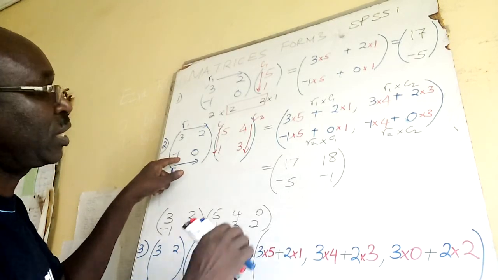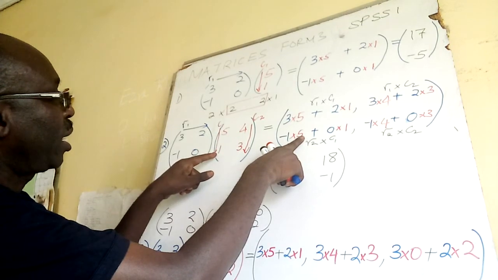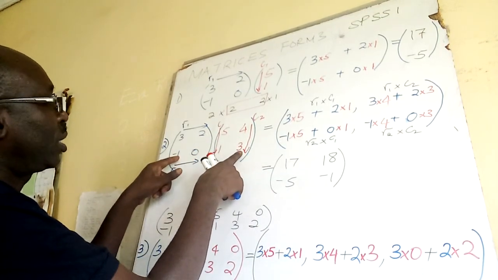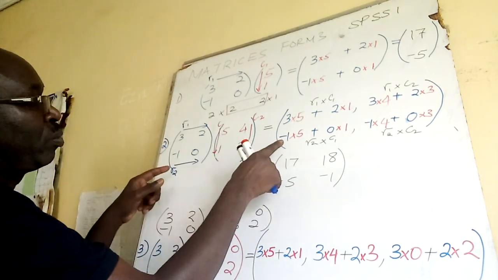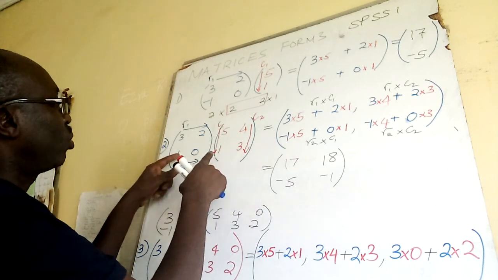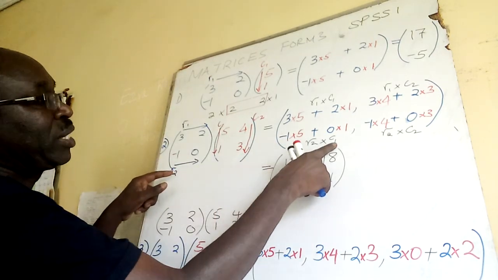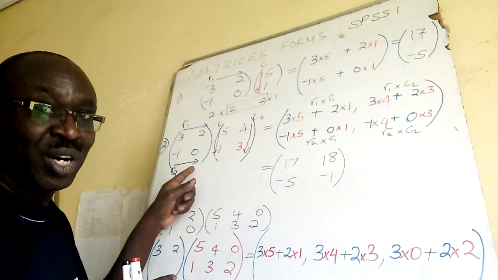So -1 times 5, tail, tail, then head, head. No, we are starting with C1. So this is R2 by C1.